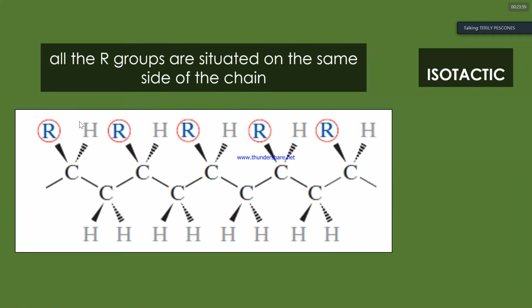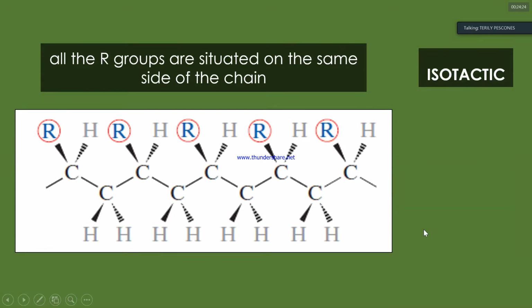Okay. So, pag tinitingnan natin yan, malapit sa atin yung R, yung H nandun sa bandang likod, no? So, magkakatabi yan. So, that is the isotactic arrangement. All the R groups are on the same side of the chain. Okay? So, kumbaga dito, nakaharap sa atin yung lahat ng R, at nandun sa likod yung hydrogen.